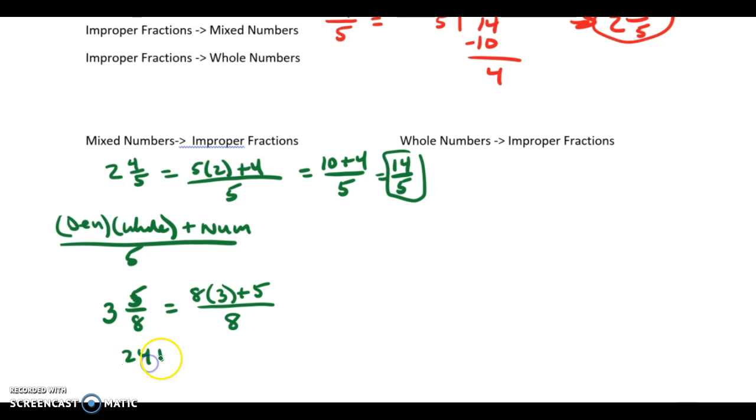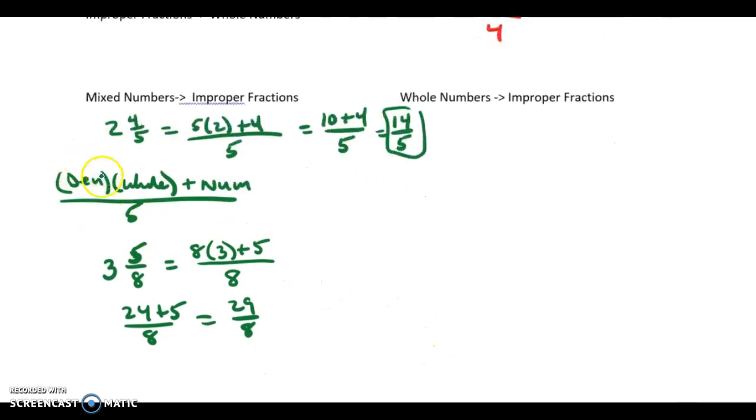So 24 plus 5, over 8, would give you 29 over 8. So all you're doing is multiplying the denominator and the whole number, adding the numerator, and putting it all over the denominator. This is very important when we go to multiply and divide fractions in the future, which is why it's critical to be able to do this.